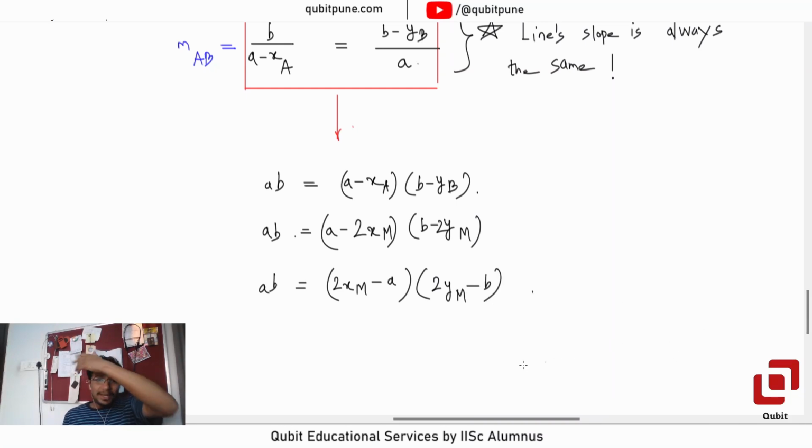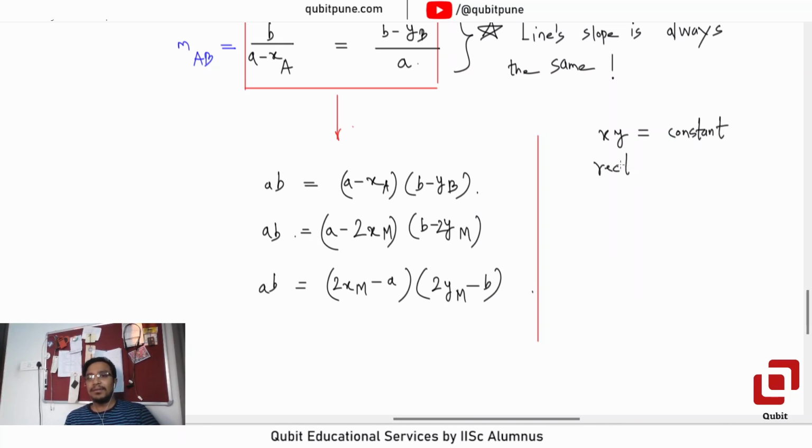Now, why is it a hyperbola? Let's try to argue that, although we will not prove it entirely. Look, I told you xy equal to constant is a rectangular hyperbola, correct? Or a hyperbola whose eccentricity is root 2, correct?